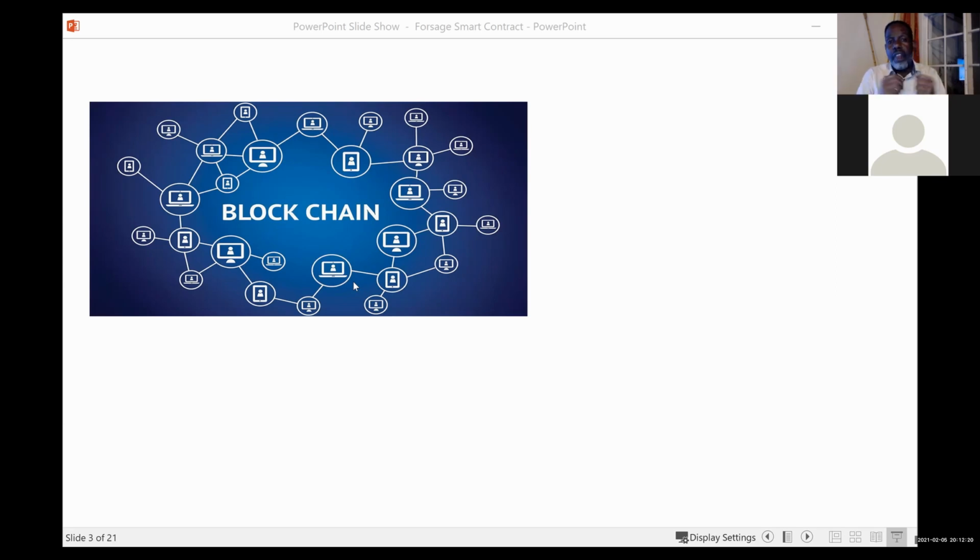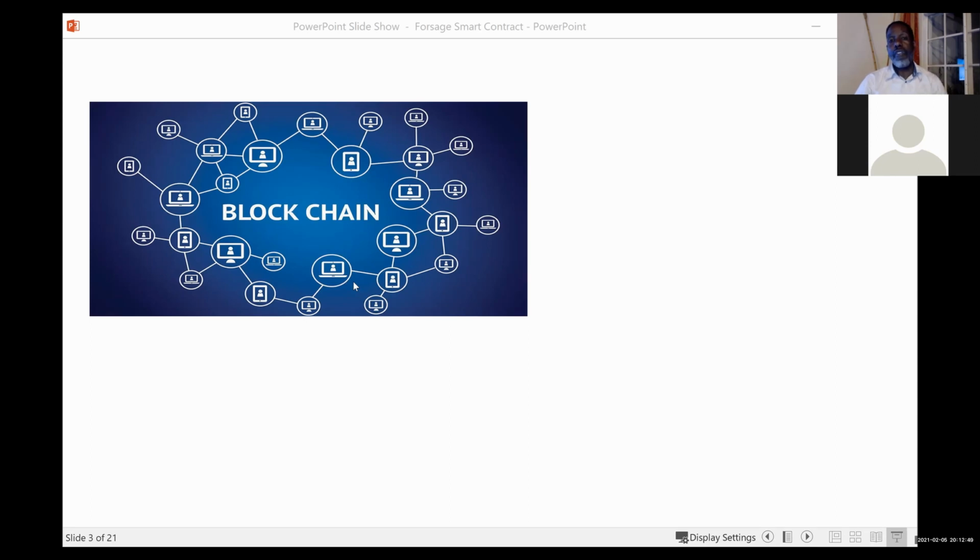And that is the fact that one computer on the blockchain communicates with another computer on the blockchain, and the information that is being communicated is completely secure, and it is decentralized in all the computers that are connected, and it is transparent, and no one single computer controls or manages that particular data.